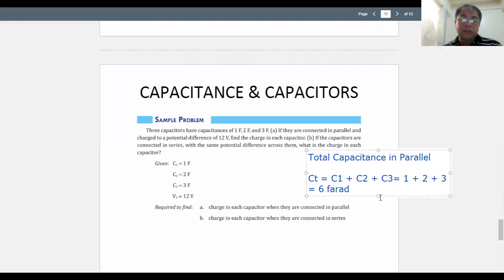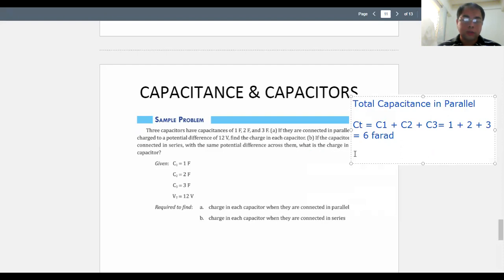But sorry, what is being asked is the individual charge, so it's not the total capacitance. If you are to calculate the individual charge, let's try Q sub 1.